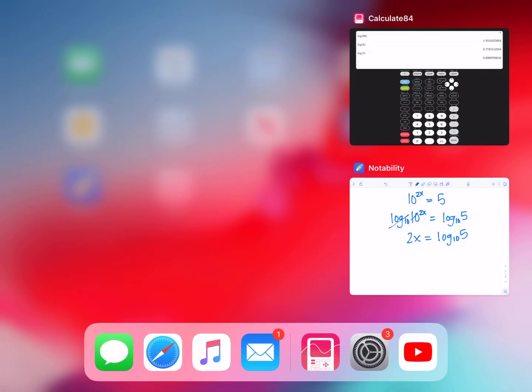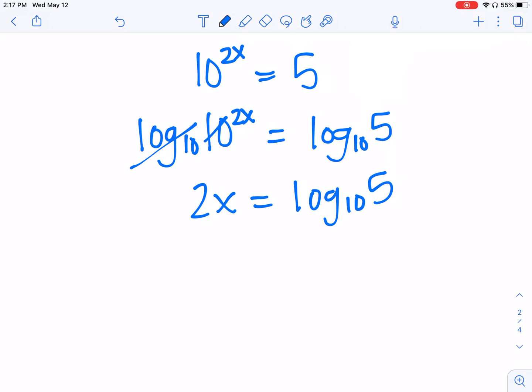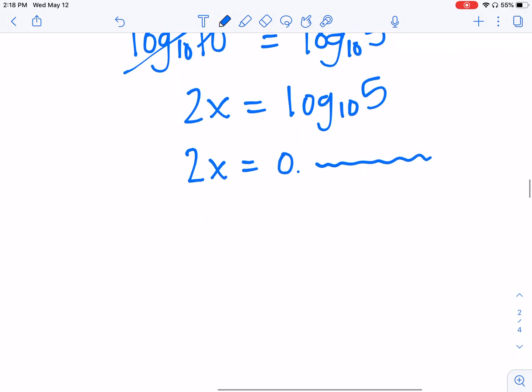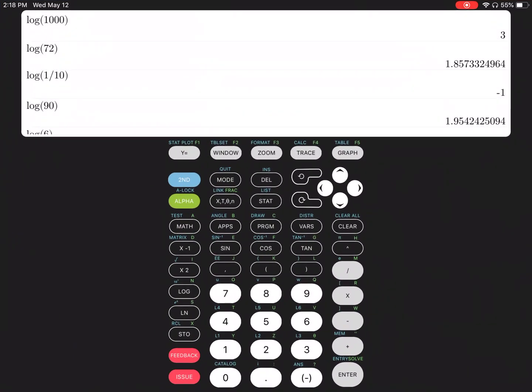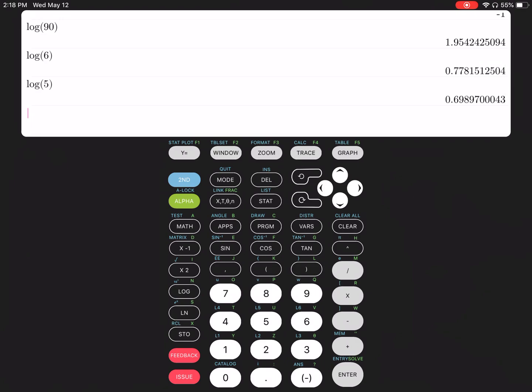But I know that that long decimal, so it's 2x equaling 0 point long decimal, right? I need to divide by 2. So x will be equal to this long decimal here that I already have in my calculator. There it is. Divide it by 2.